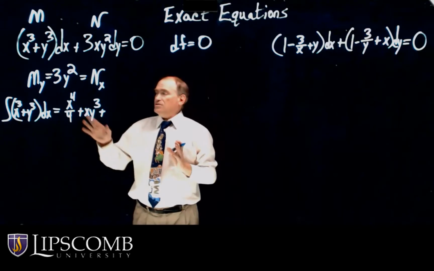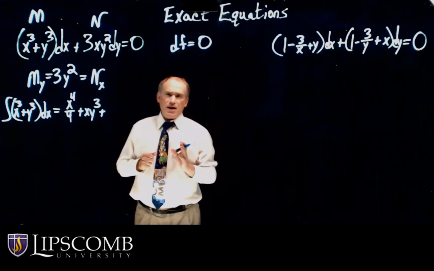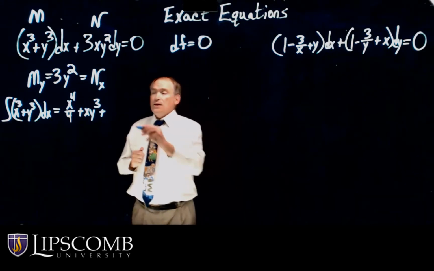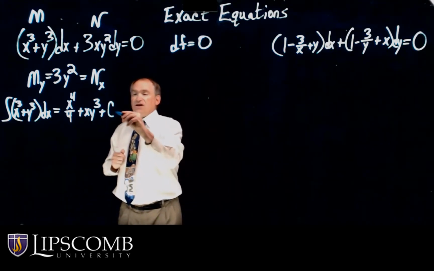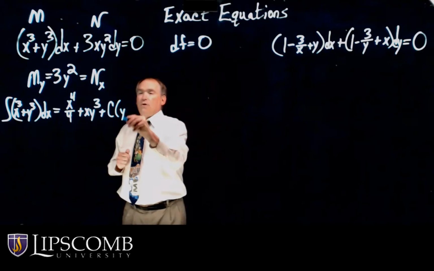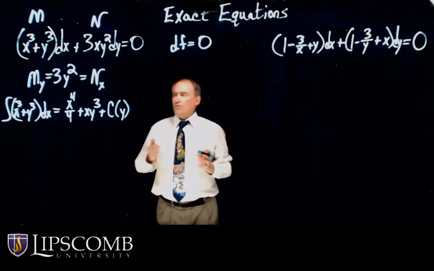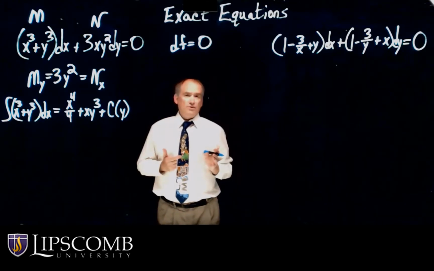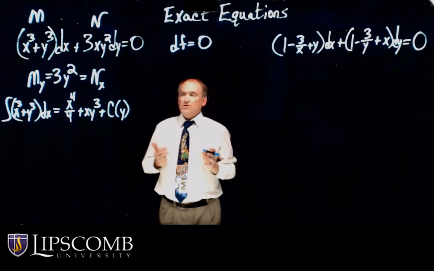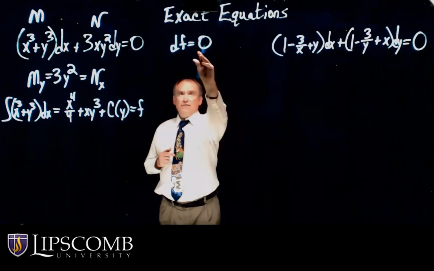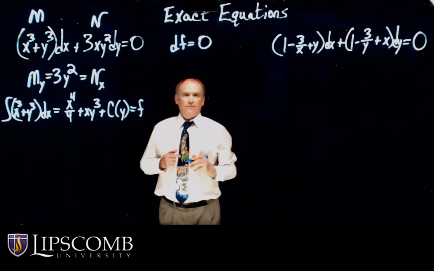But because I'm integrating with respect to x, and this is a function of x and y, my plus c will be a function of y, because y was held as a constant. So y is a constant relative to x. So this is f. df equals 0. This is the f.